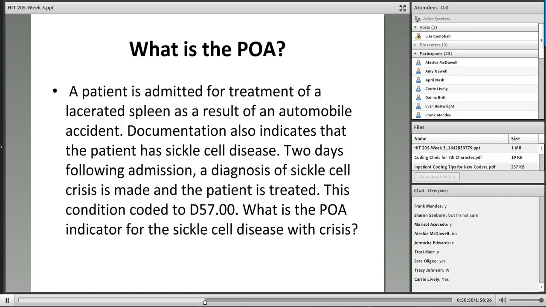Assign N if any part of a combination code was not present on admission. So the patient has sickle cell, but at the time of admission, were they in crisis? No. So the POA is no.